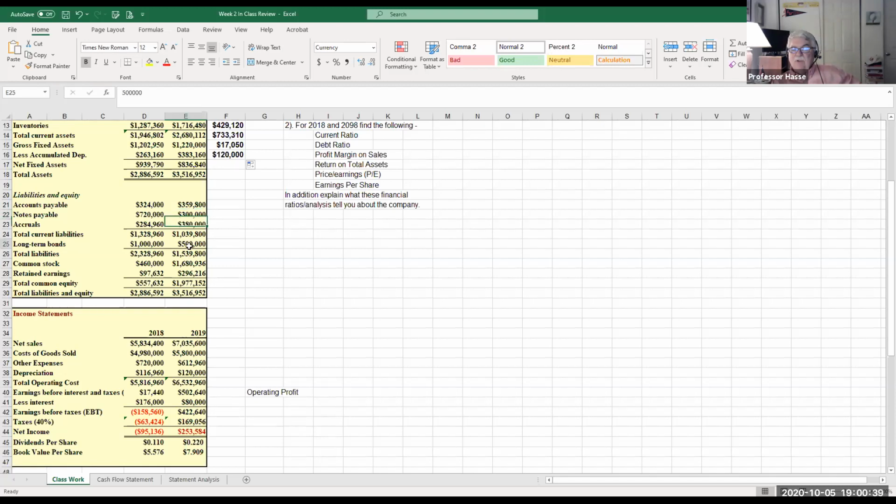And then we have long-term debt, debt that's due in over a year. Again, interest-bearing. It's called bonds, and we'll talk more about those next week. Bonds are a debt obligation to bondholders who lent us the money in the market, and in return, we give them interest or coupon payments.